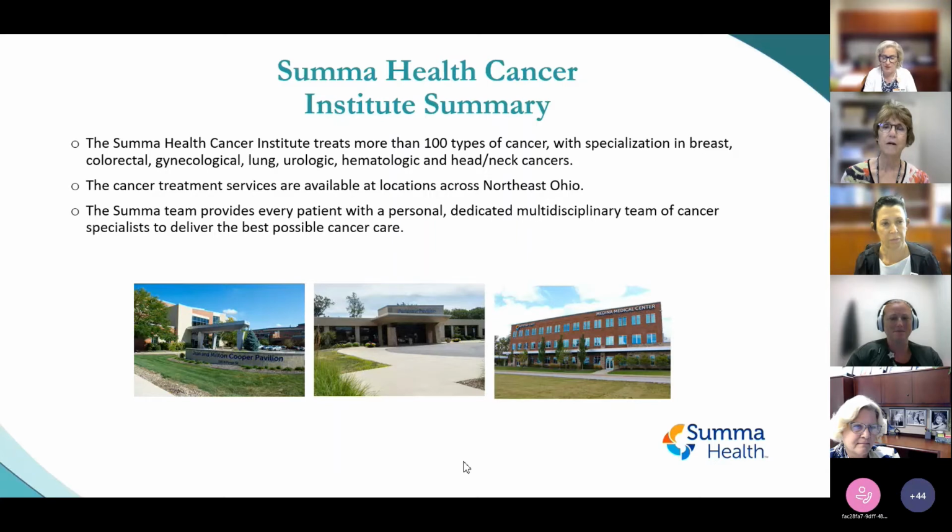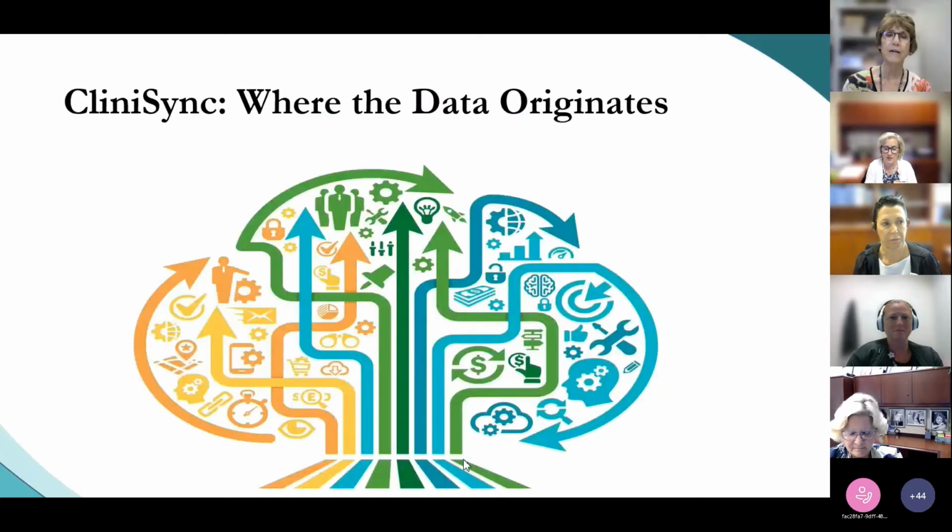Scott, okay, we're going to break the presentation into 3 separate areas. One is to let you know where the data comes from that you will be querying if you go to the community health record to look for some of your cancer patients and their data.